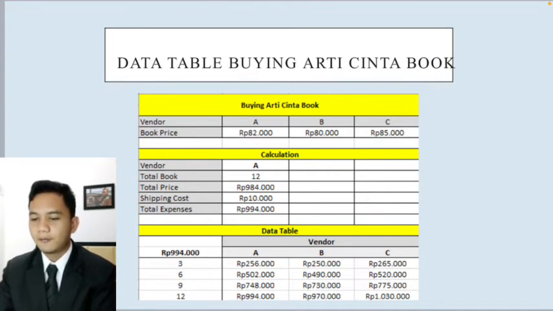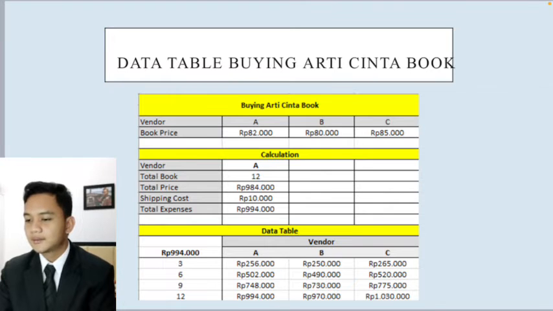From vendor A, if we want to buy 12 Arti Cinta books, the price is 994,000 rupiah. From vendor B, the price is 970,000 rupiah. And the last, from vendor C, the price is 1,030,000 rupiah.